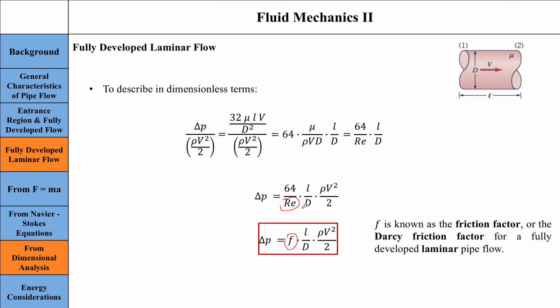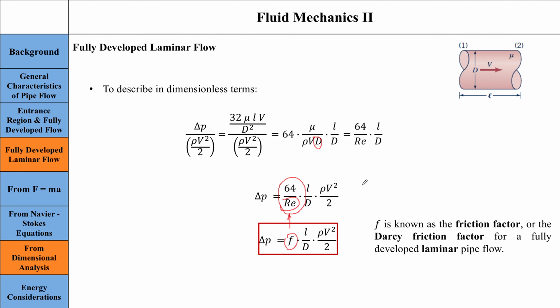It depends on the diameter of the pipe, the velocity, and the viscosity of the fluid. And because we're looking at laminar flow right now, your friction factor is equal to 64 divided by Reynolds number.